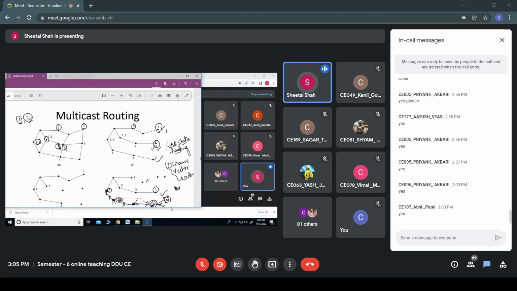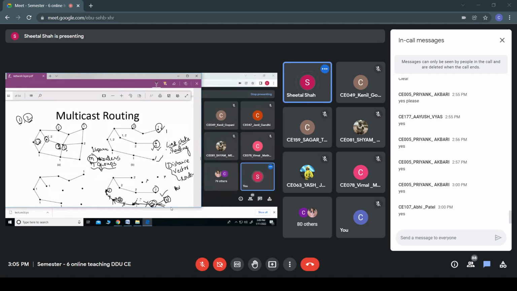So suppose we are having very large networks, and a very large number of multicast groups. In that case the size of the table would also be very large. For example, in our example we are having only two groups, but if I have a very vast network with n number of groups, and for each group there are m members or m routers, then for each router one spanning tree would be there.